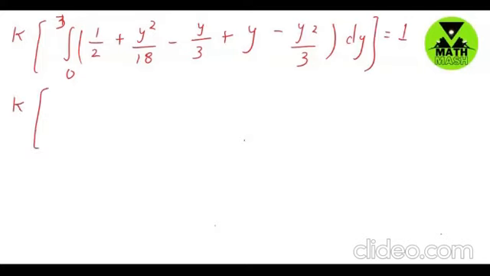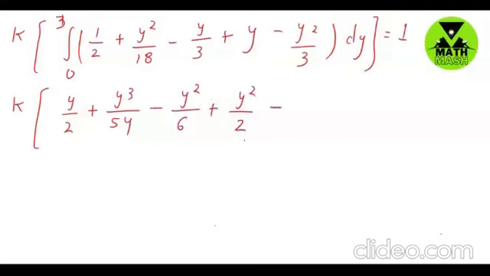Now the integration of 1 by 2 with respect to y is y by 2. Integration of y square by 18 with respect to y is y cube by 54, minus integration of y by 3, it is y square by 6, plus this is y square by 2, minus this is y cube by 9, and the limits are 0 to 3, and this is equal to 1.